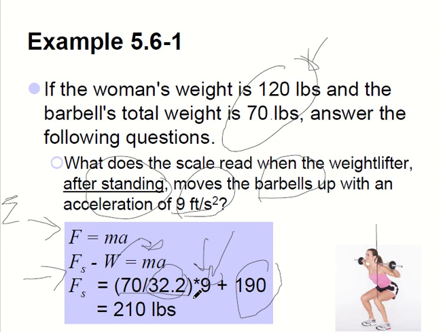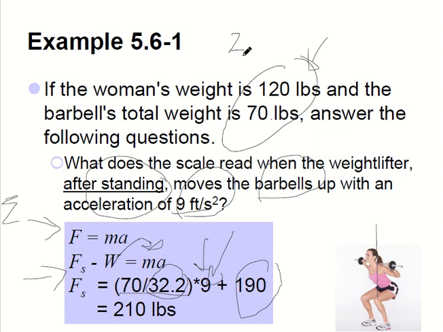I know that some of the students are going to ask, why are we doing 32.2? Because of the conversion factor. We will have to change the 70 into feet per second, and then you add it to 190, and when you calculate it, you get 210 pounds for this standing force.